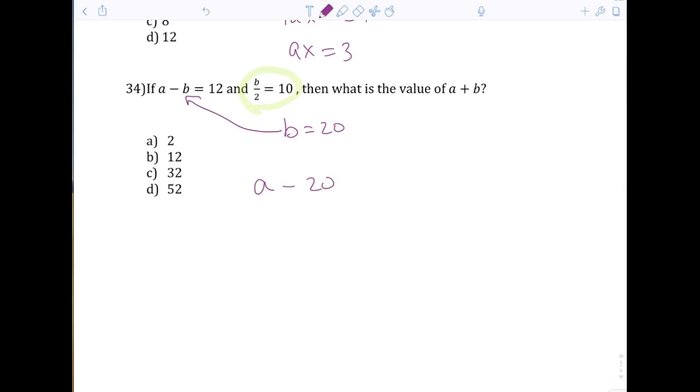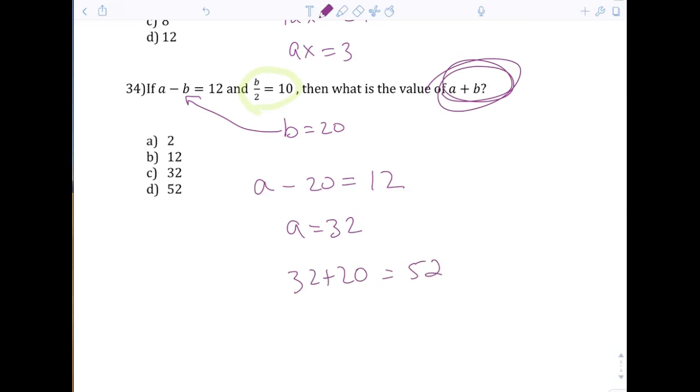A minus 20 equals what? 12. So now what does A equal? 32. Yeah, because we're looking for A plus B. 32 plus 20 is what? Which is the answer? D.